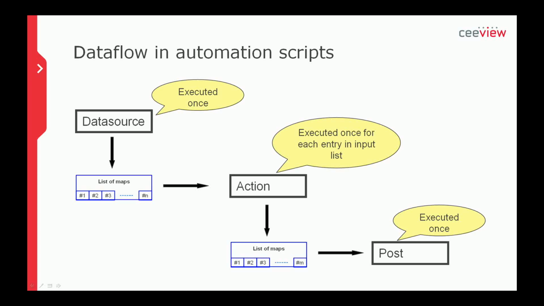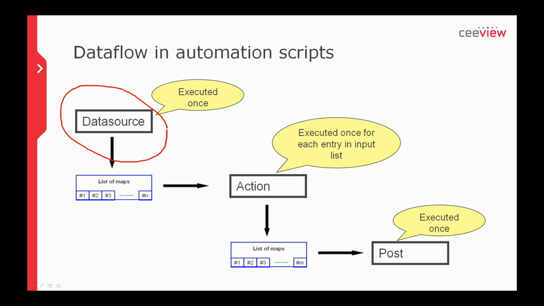Let us talk a little bit about each of the types of scripts. The Datasource Script. The Datasource Script is normally used to analyze the situation or the scenario which has triggered the automation job, gathering information. For example, in our demonstration today, it will gather a list of processes which need to be handled by the action script.